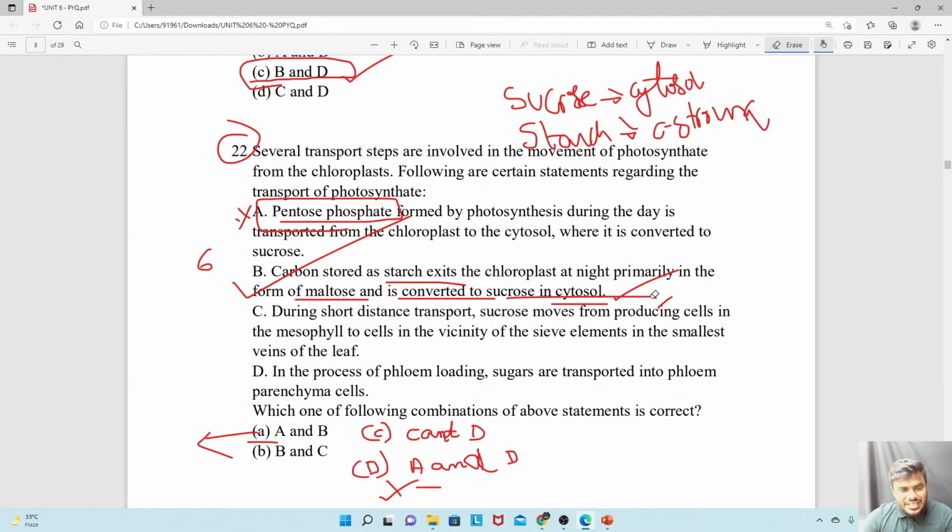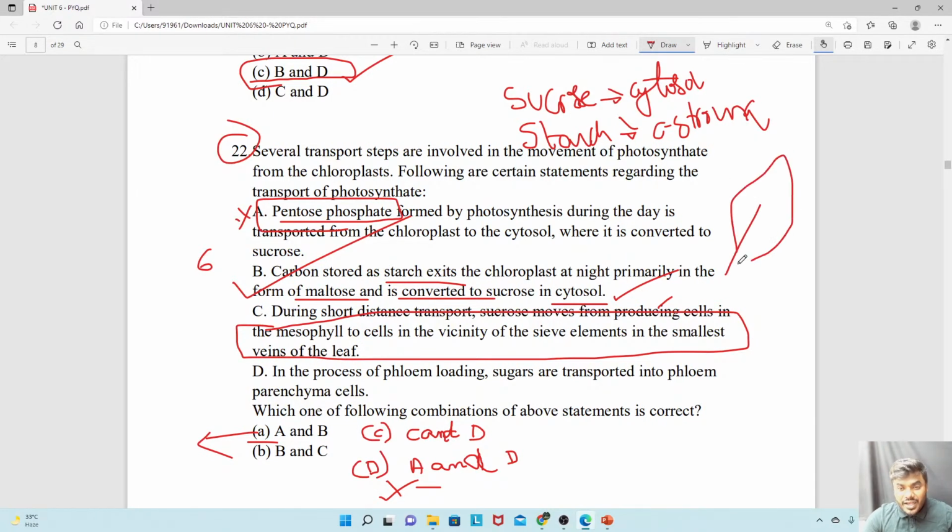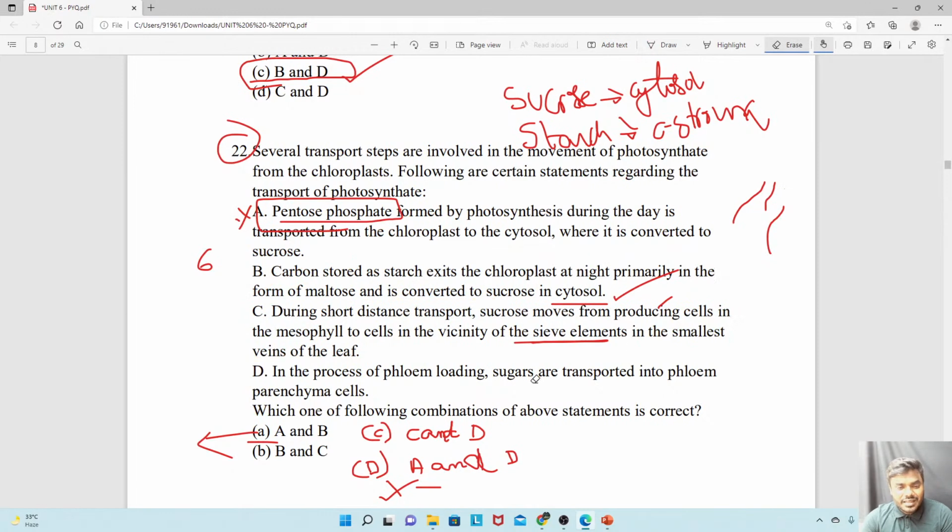Friends, you know these lines, I want you to listen. These lines are exactly the lines of Lincoln Taiz's book. This is the leaf, right? A leaf contains small veins like this. Through those veins only, sugars will be passed into the sieve element. Option C is 100% true. There is nothing wrong in option C. Kindly don't get confused.